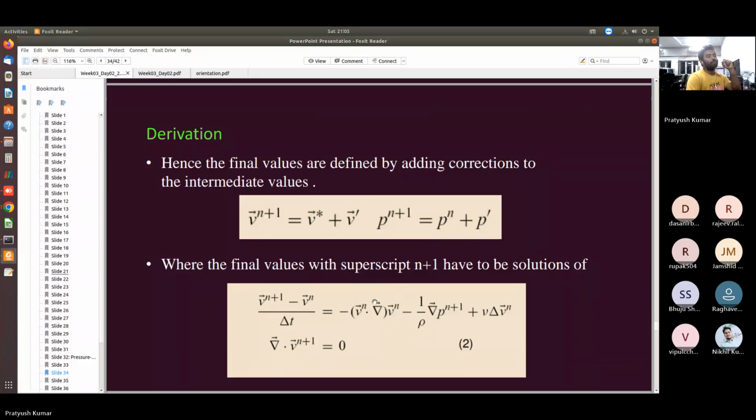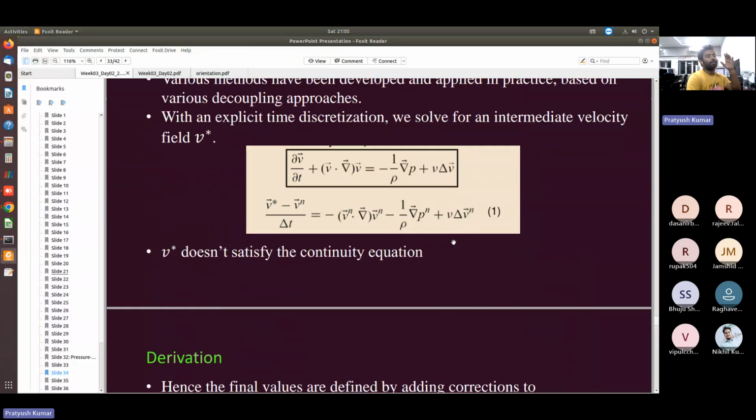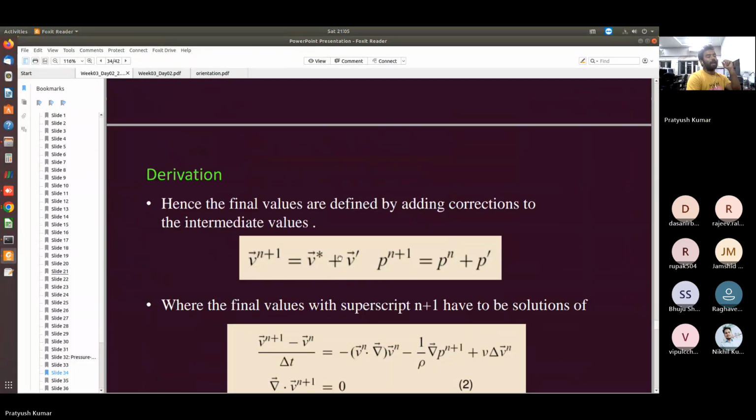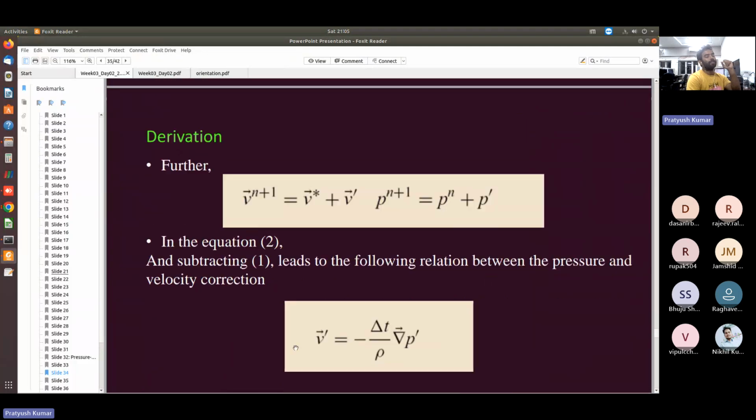If we subtract equation 2 minus equation 1 and put in these values, we are going to get V dash equal to minus delta P dash upon rho. That is the correlation between the pressure corrector term and the velocity corrector term.